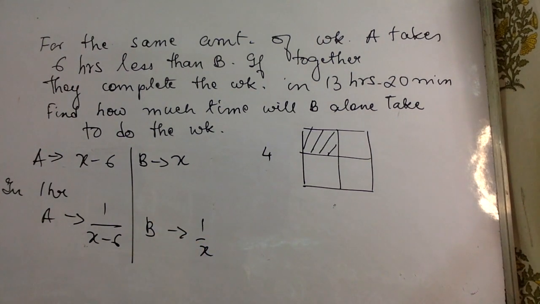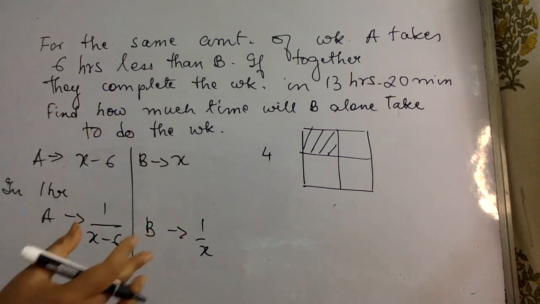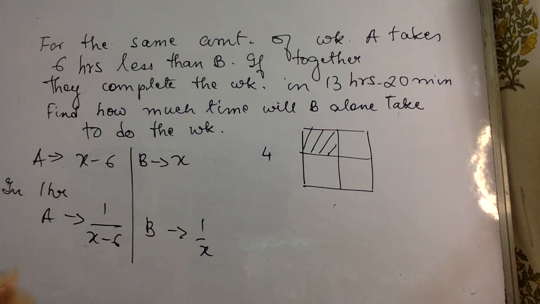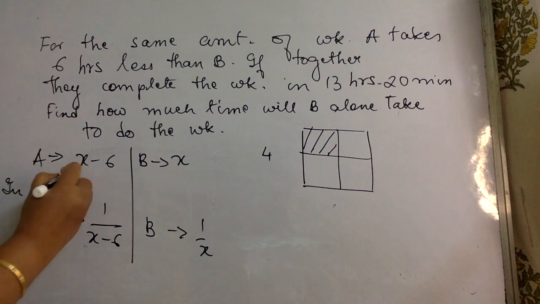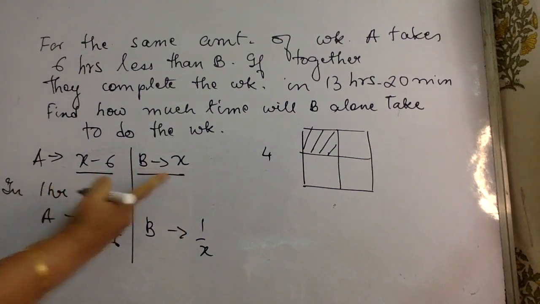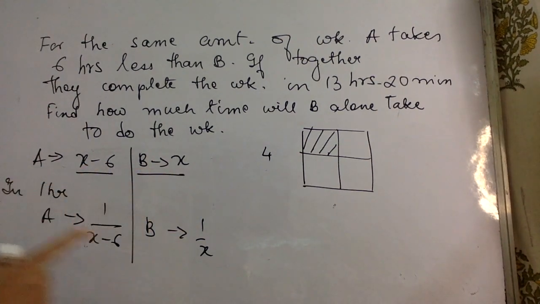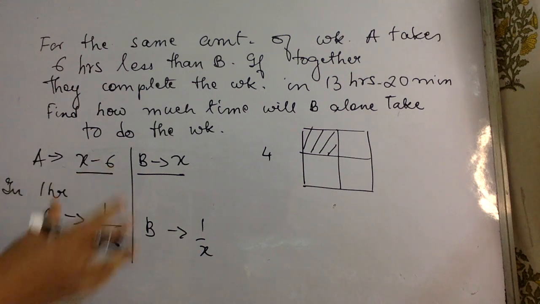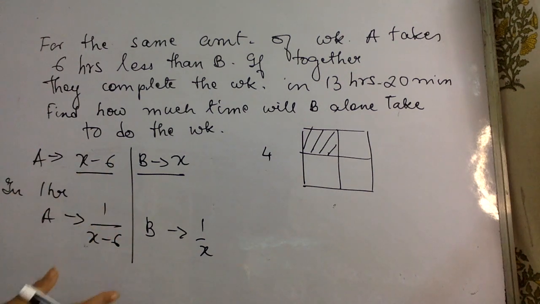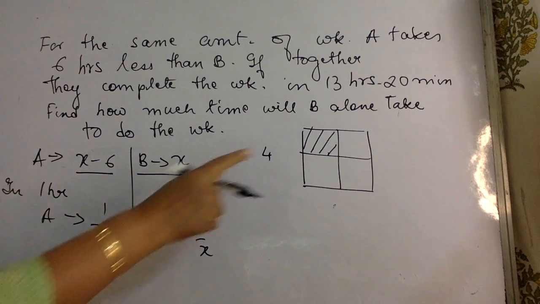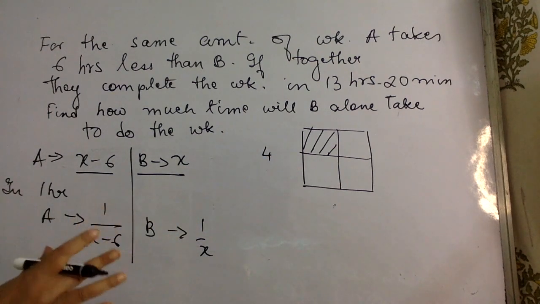Now here we have to understand why these sums are difficult. We have to understand one thing, that this is in hours, and this is fraction of the work. We tend to mix up these two things. Okay, they are not the same thing. So this is the fraction of this wall done by A in 1 hour, and this is the fraction of this wall done by B in 1 hour.